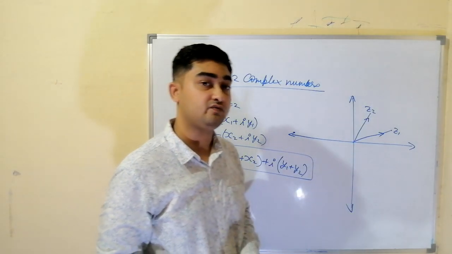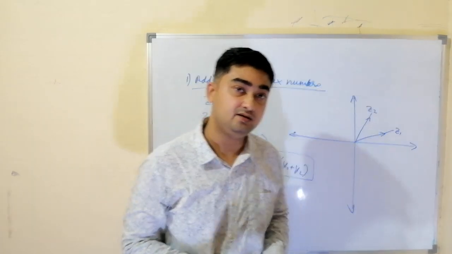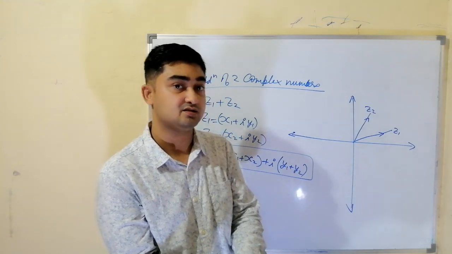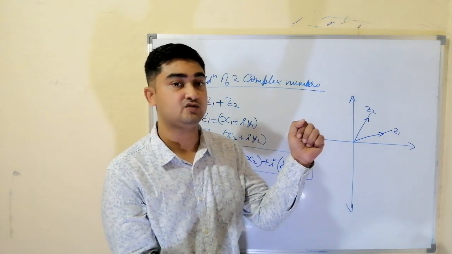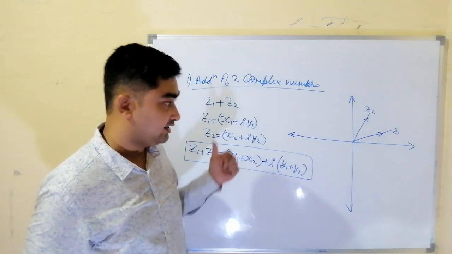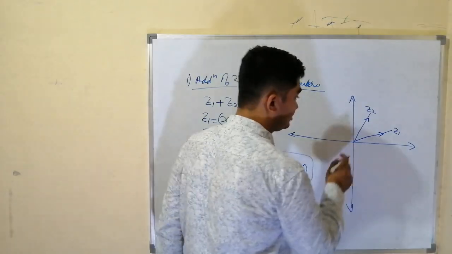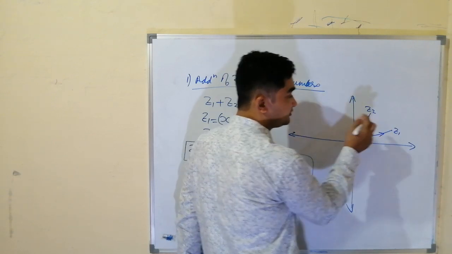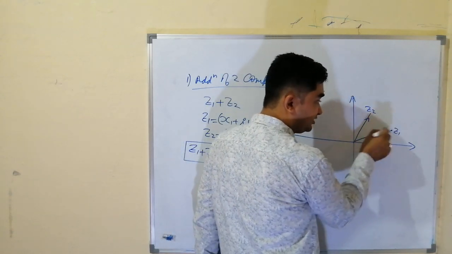In vectors also, what we used to do? We used to add the projection along the x-axis with the projection along the x-axis, the projection along the y-axis of the second to the projection along the y-axis of the first, and similarly with z. So here also we are adding the real parts together and the imaginary parts together. So like vectors you can add them.